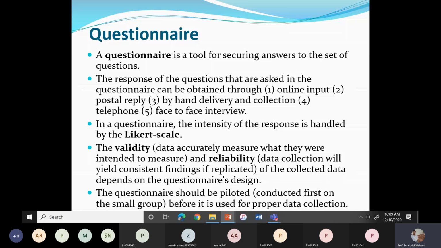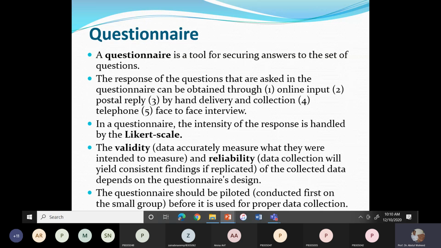And the validity, meaning the data accurately measure what they were intended to measure, and the reliability, meaning data collection will yield consistent findings if replicated, of the collected data depend on the questionnaire design. So how you design your questionnaire and how you are getting the data, this will confirm the validity and the reliability.